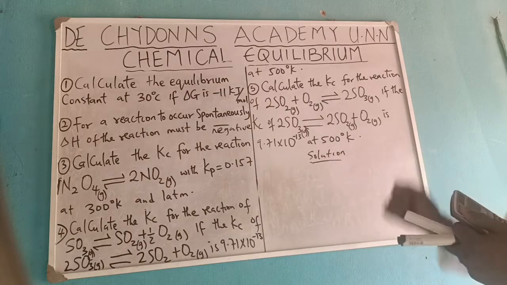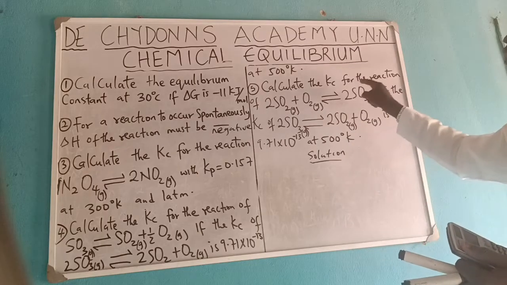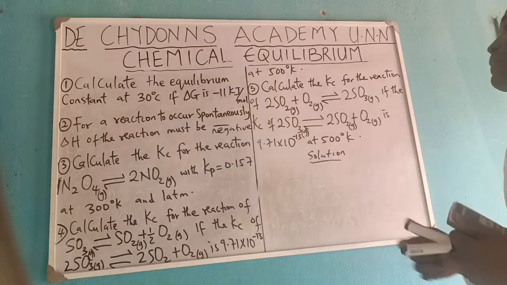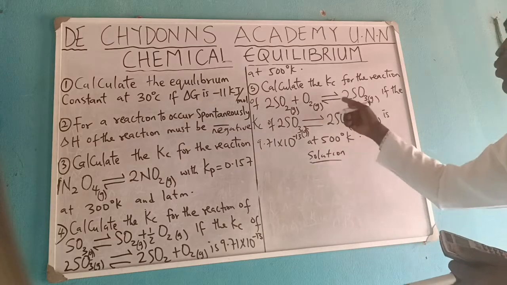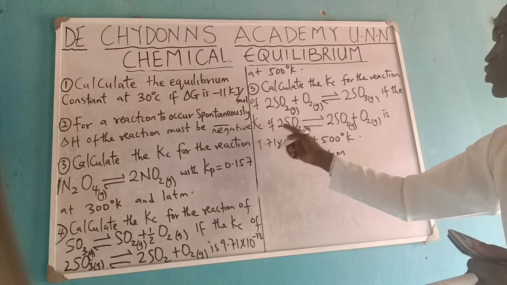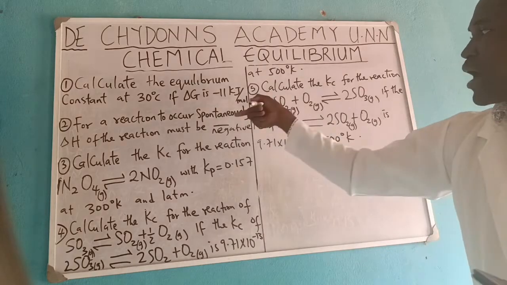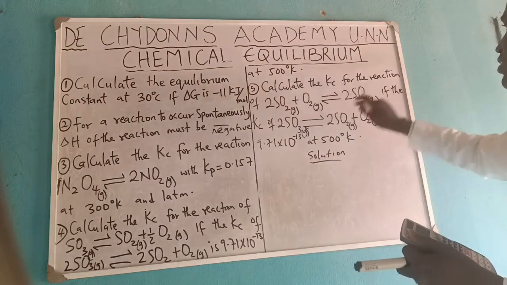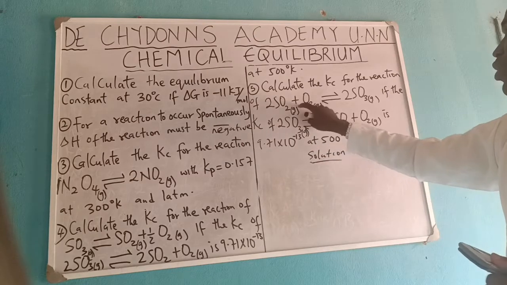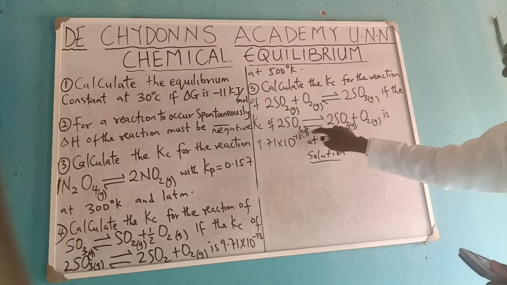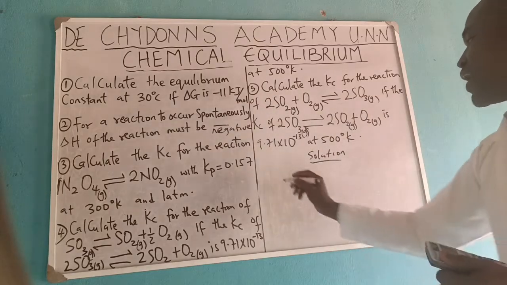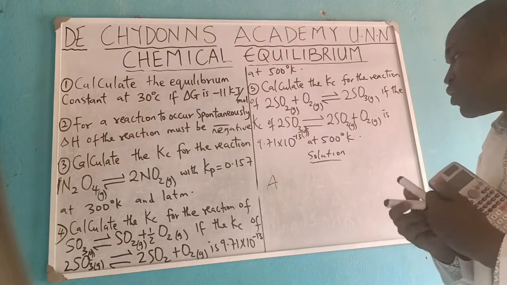Now to solve question number 5, calculate the Kc for the reaction this if the Kc of this is this. If you notice from these two reactions, this one moves forward like this, while this second reaction is moving backward. For the second reaction, this one is moving like this. Look at it now. This plus this gave me this. Now for the second one, this is giving me this and this. That means we have come back to the formula we wrote before.